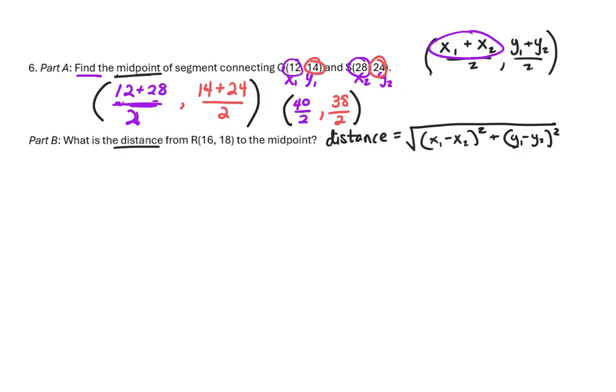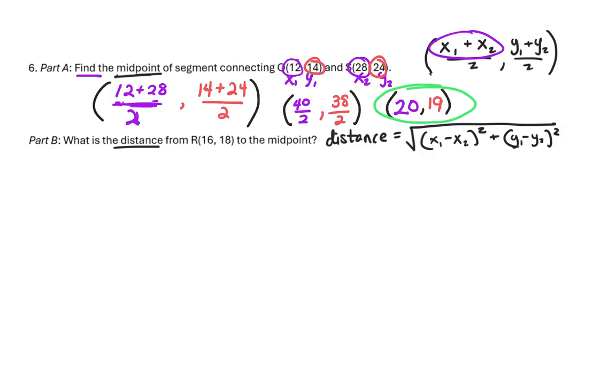All right, and then lastly, I'll divide. And when I divide, I get 20 for my x coordinate. And 38 divided by 2 makes 19 for my y coordinate. So I had to kind of squeeze that in there, but there's my answer, 20, 19. It's an x coordinate, y coordinate.